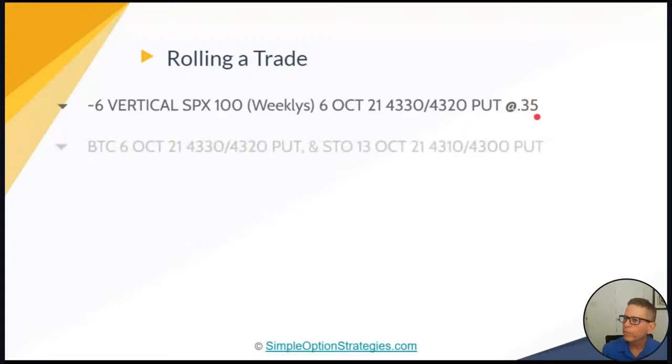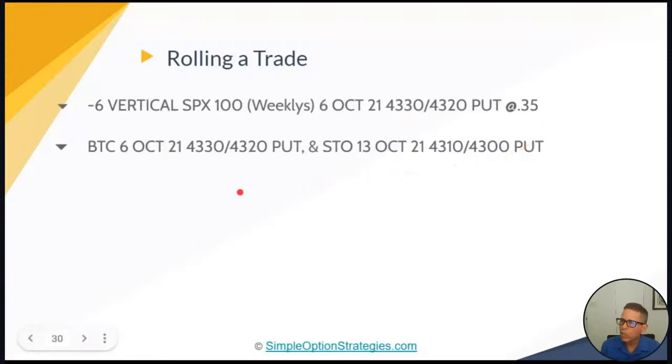Okay, in a roll, this is a little complicated, but once you have it down, you get it. What you're actually doing in a roll is buying to close the position that's threatened, in this case the 6 October 43.30/43.20 put spread.